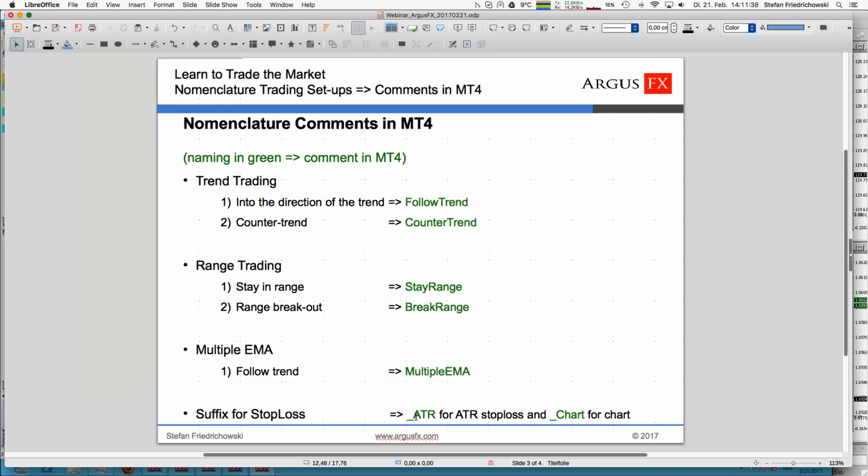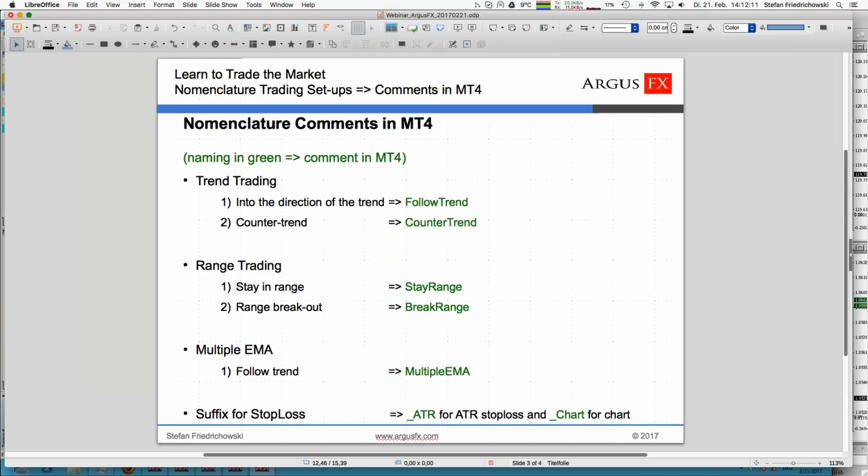I use the suffix underscore ATR if I calculate the stop loss via ATR as introduced in the last webinars, and I use the suffix underscore chart if I simply get my stop loss out of the chart itself by some resistance lines or support lines or whatever, or it's just a maximum within a certain time frame.